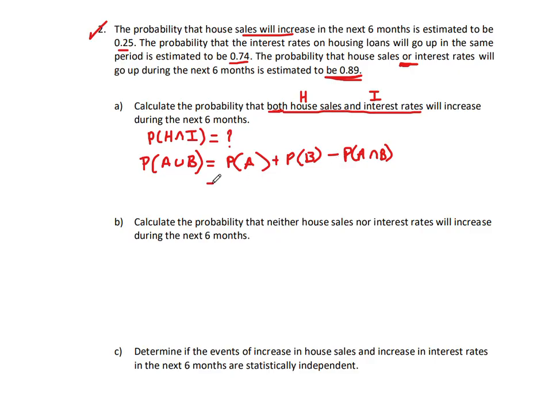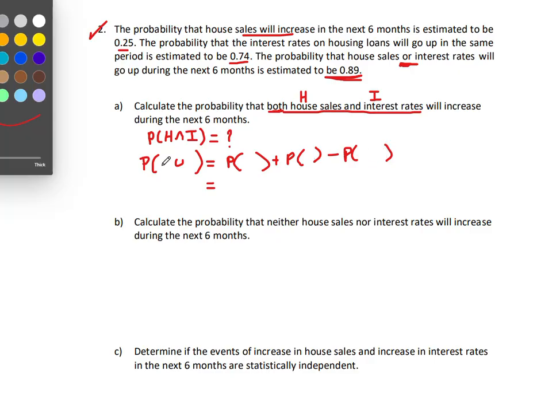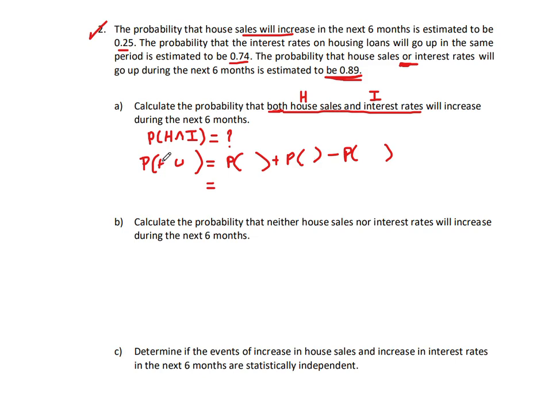Well, let's use the actual symbols of H and I that we're using here. But as I indicated before, you can use A and B. It really doesn't matter. You just have to be consistent. We identified H as house sales and I as interest rates.